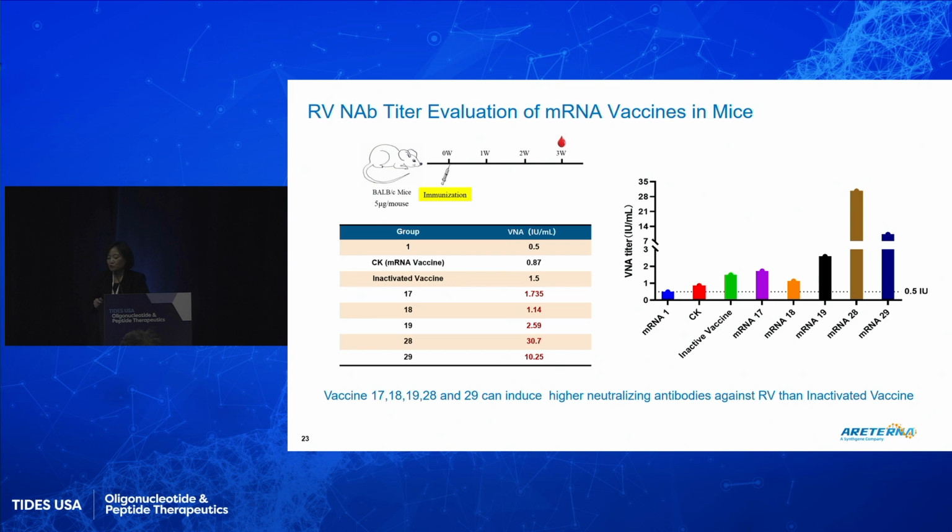If you look at the neutralizing antibody titer, we have some mRNA vaccines that give you very, very high titer. So they're really effective. I also want to point out that this vaccine is 5 microgram, not 2.